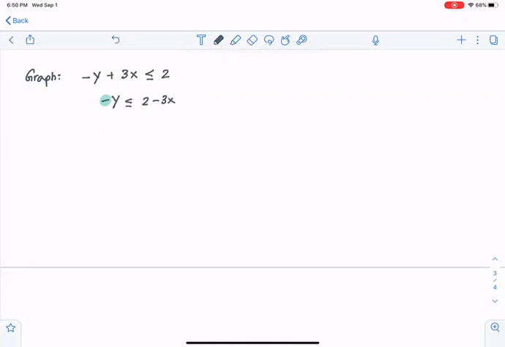So I'm going to multiply both sides by -1. So y is the negative of 2 minus 3x. I intentionally left a space there because we need to know that the sign would flip if we multiply an inequality by a negative. So what we had as y less than or equal to now becomes greater than or equal to.